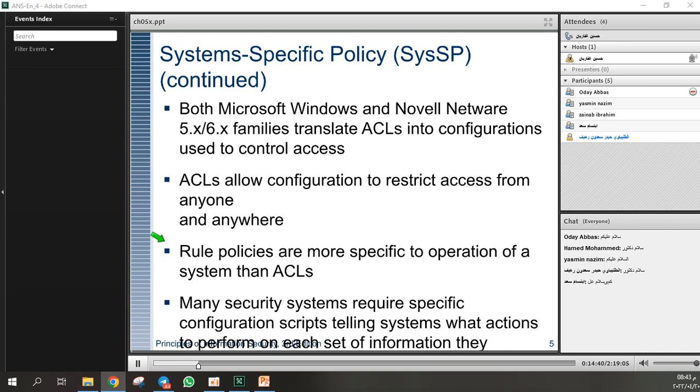Mostly, to apply a specific security policy, we need to write some configuration scripts in systems to tell them, you must do something like this, applying this policy, acting based on this script. We need to use those configuration scripts.